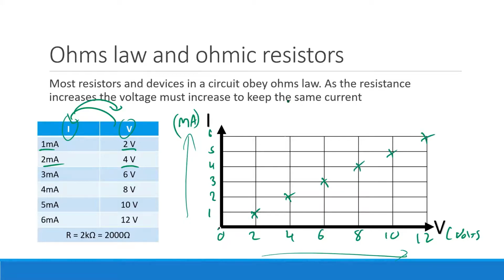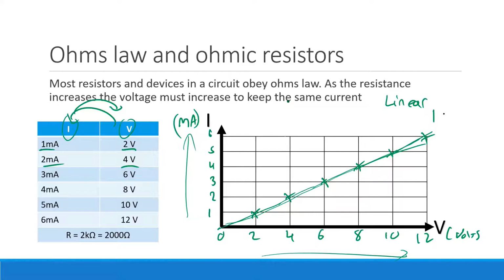And we can see now that if I was able to draw a straight line, this line represents the curve of voltage against current. And it's a straight line. Now we know it's a straight line, which means it's linear. And the reason it's linear is because I relates to V in a linear fashion.